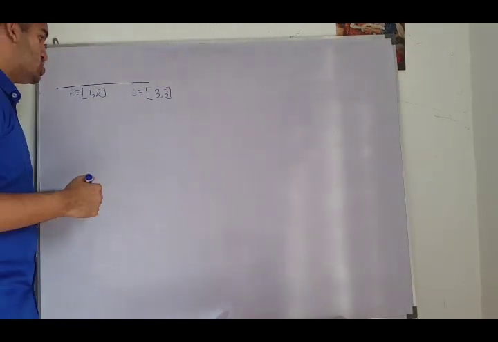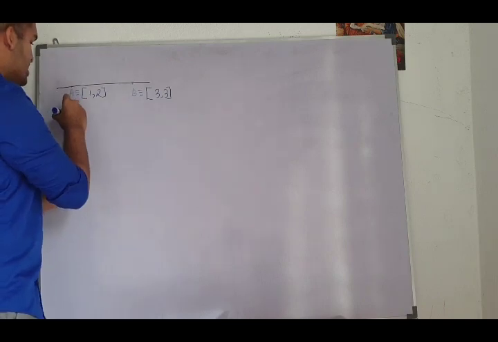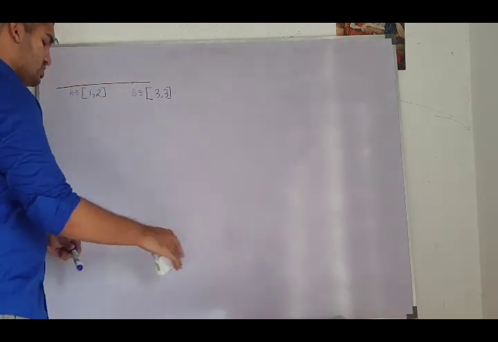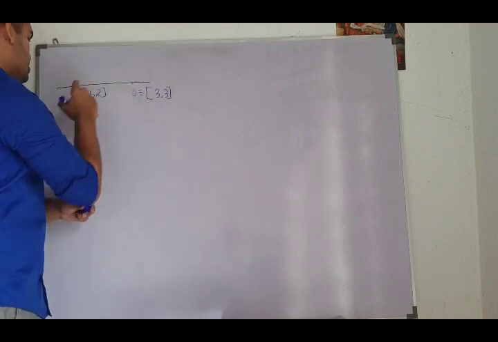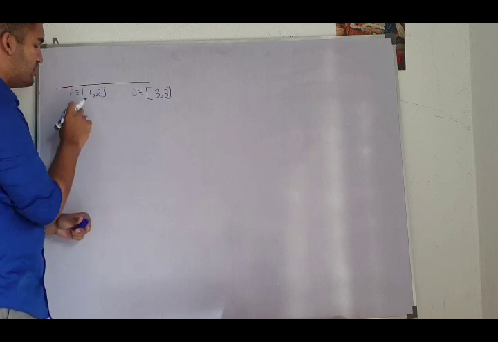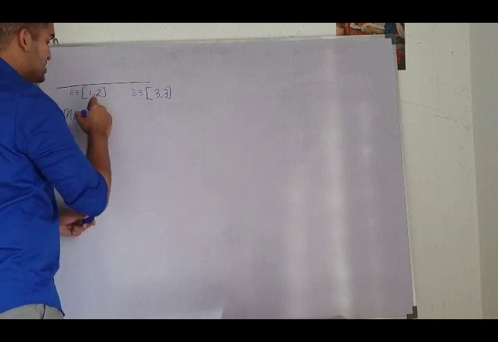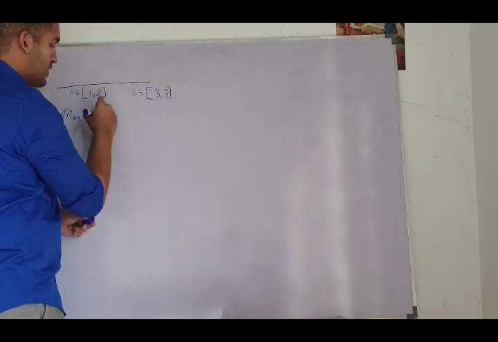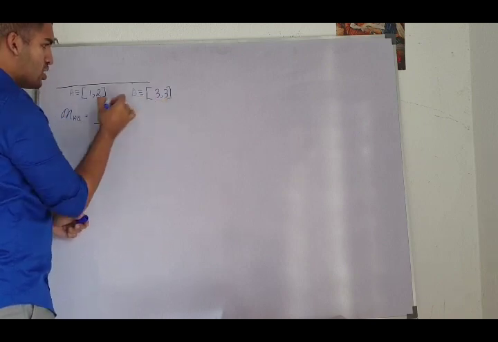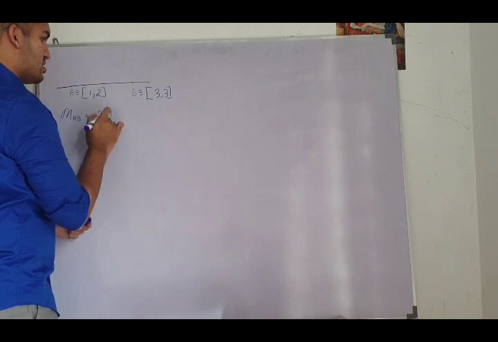The gradient is m_AB. We represent gradient by this notation, and take the difference of the y coordinates first and subtract, and take the difference of the x coordinates and subtract them.